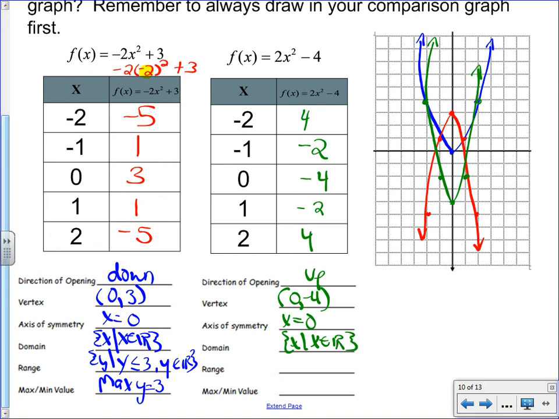Caitlin, what's my range here? y such that y greater than negative 1. Good. And then is there a maximum or minimum, Yulia? Minimum y equals negative 1. Good.